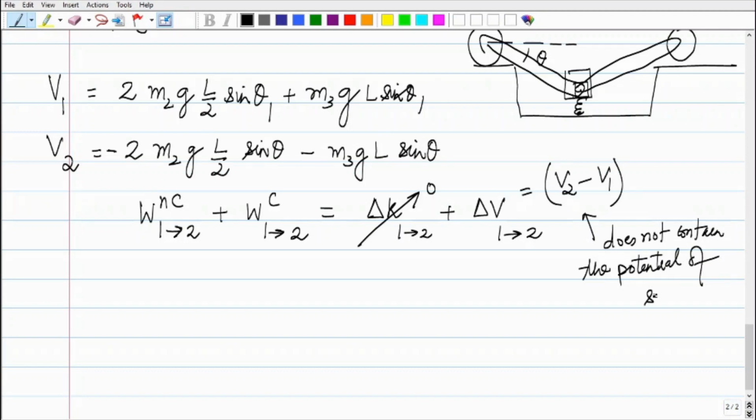It's very interesting, because initially when you formulated the potential, the only conservative force acting on the system was the gravitational force. But now we also have a spring force, but we did not take the spring as part of the system. The spring is external to the system, and therefore it's coming here on the left hand side. So this is the spring work.